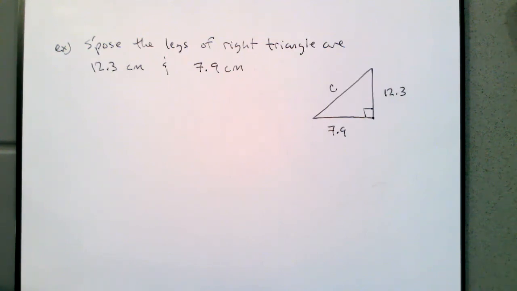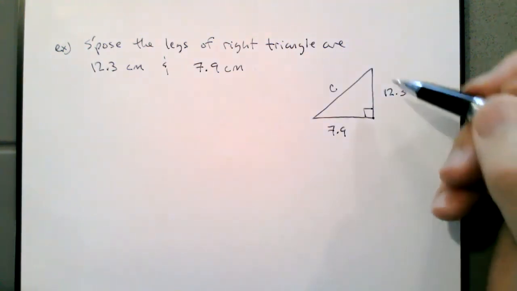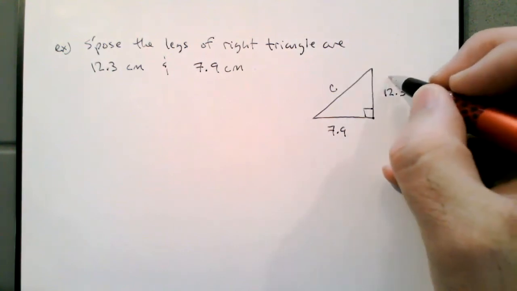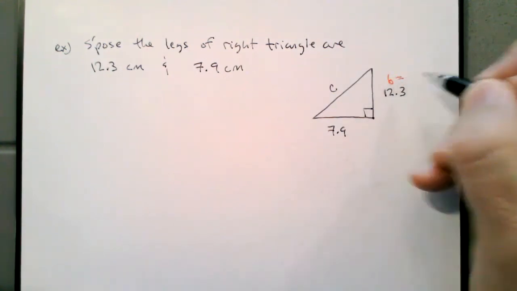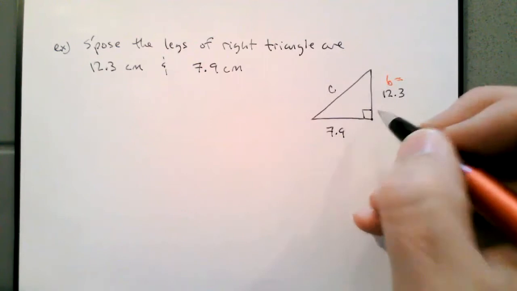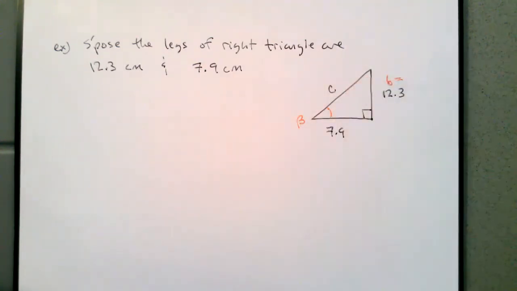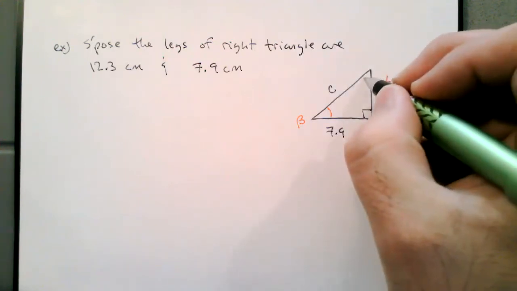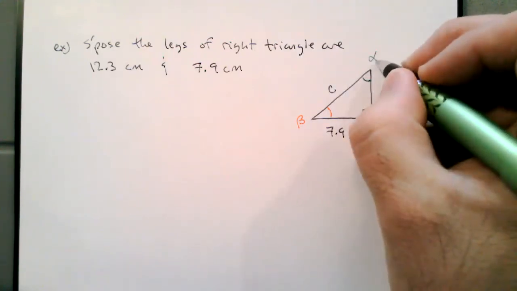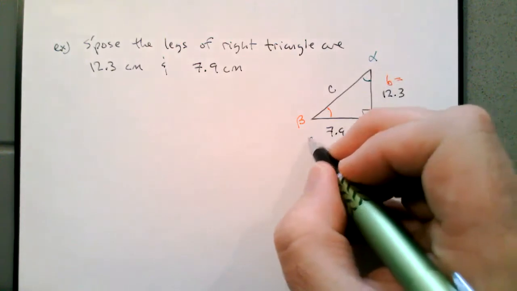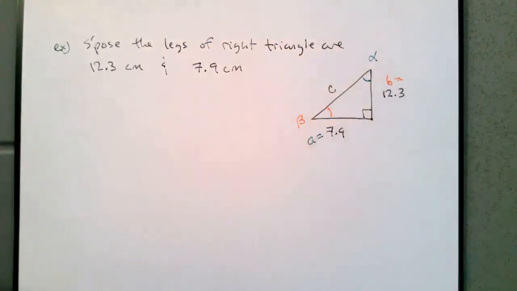Here's the hard part: we can solve for any one of the three pieces of missing information, and we just have to choose. I want to finish labeling things. Normally, I've been labeling this vertical leg as B. So if I label the vertical leg as B, this angle down here is going to be angle beta, and this angle up here will be alpha, and 7.9 will be A, because A should be opposite angle alpha, and B should be opposite angle beta, and C will be the hypotenuse, which we don't know.